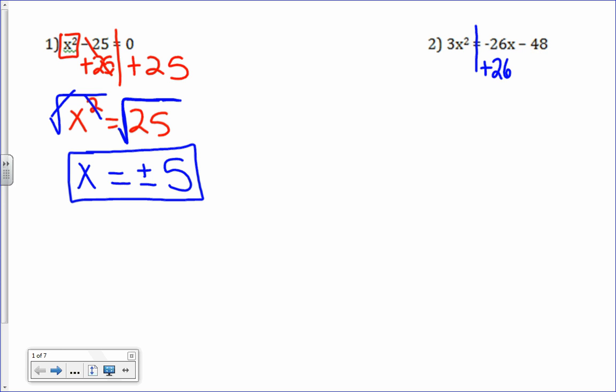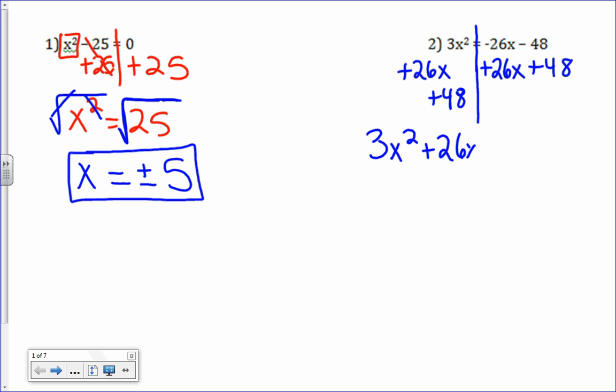I would add 26x to both sides, and I would add 48 to both sides. So here's what I'm going to be left with: 3x squared plus 26x plus 48 equals 0, because none of those items will combine with each other.